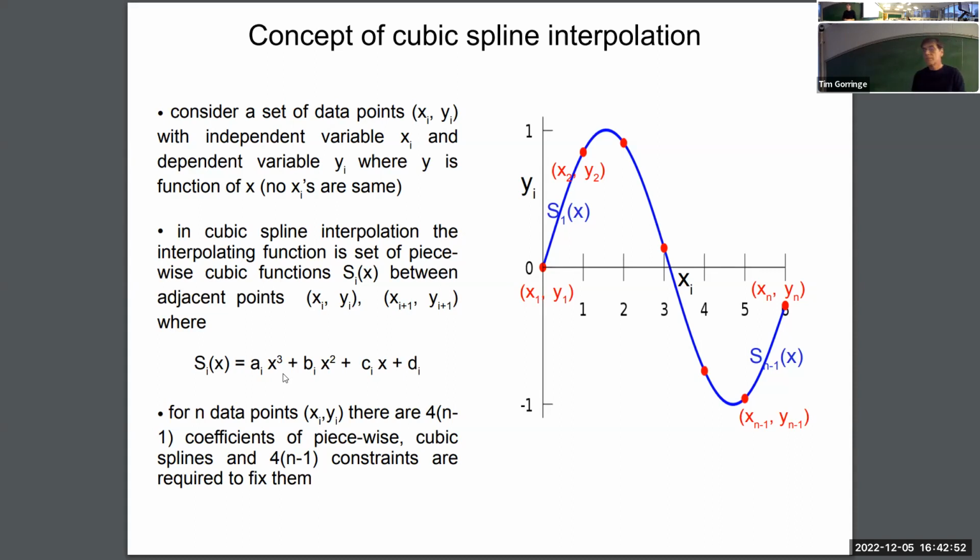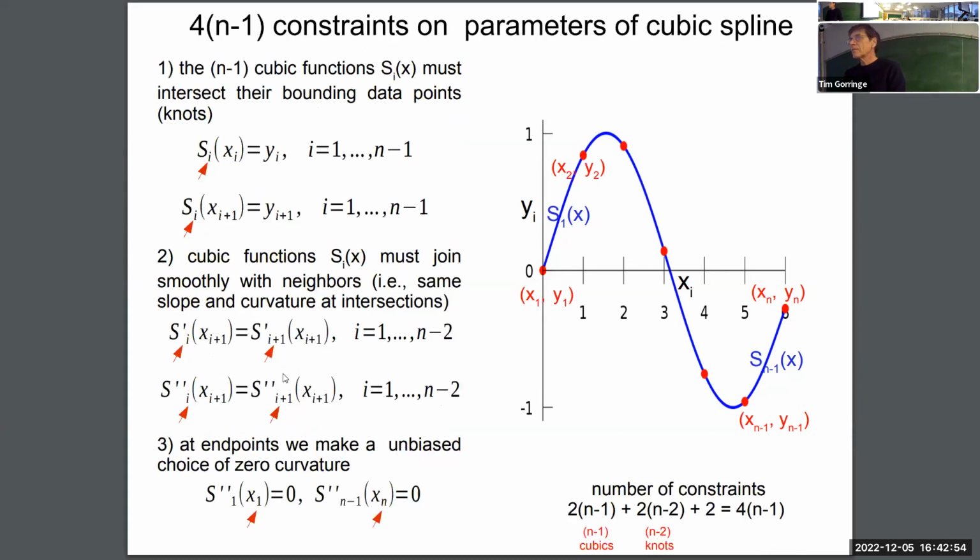So the problem then becomes, how am I going to determine these 4 times n minus 1 parameters of my piecewise cubic spline? We need to set up a number of constraints that together will determine those 4 times n minus 1 coefficients.